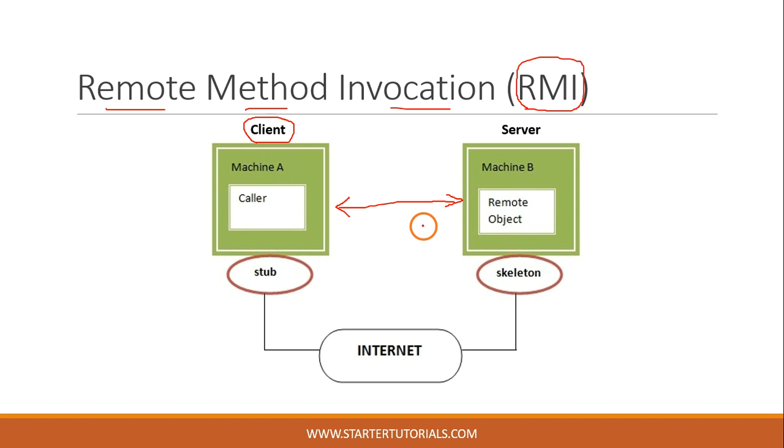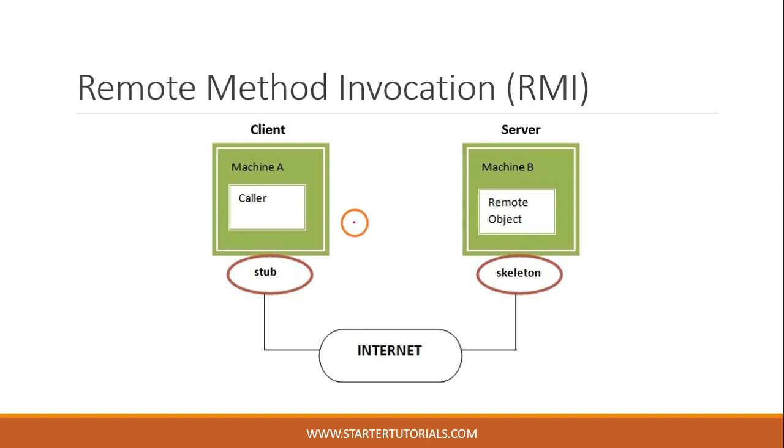Which means a Java program on one machine can communicate with another Java program on another machine through this API. The API's name is RMI, Remote Method Invocation.